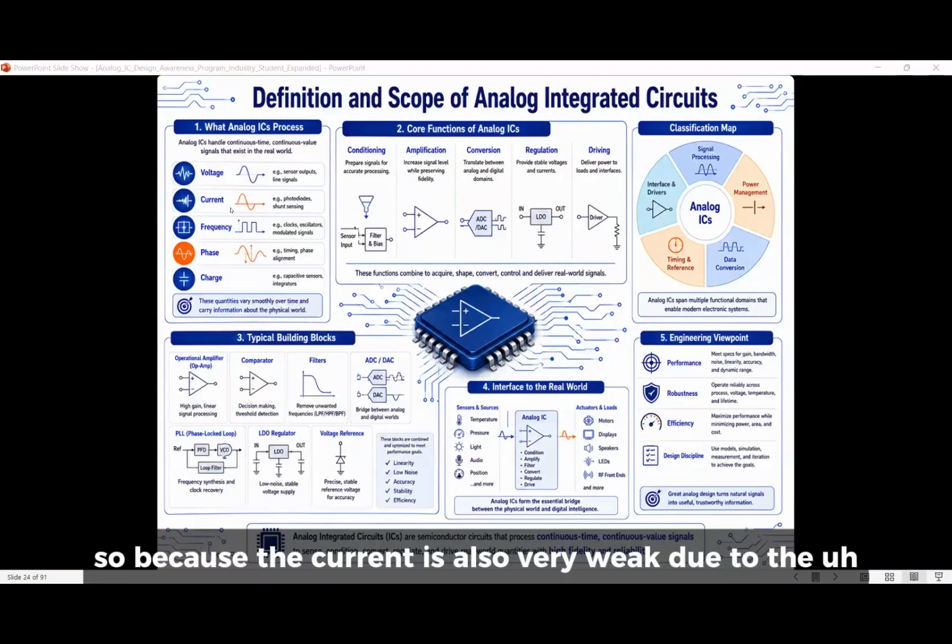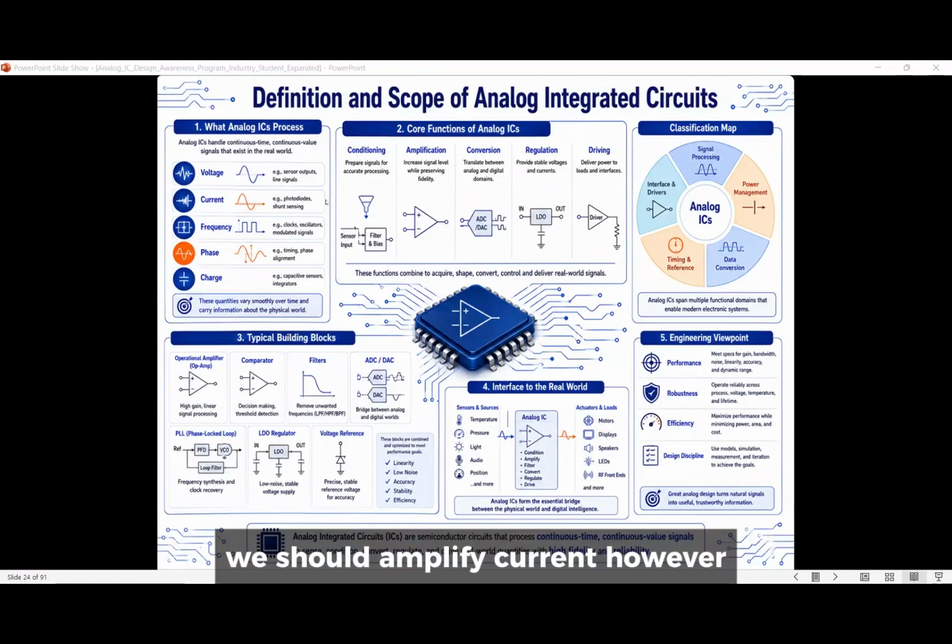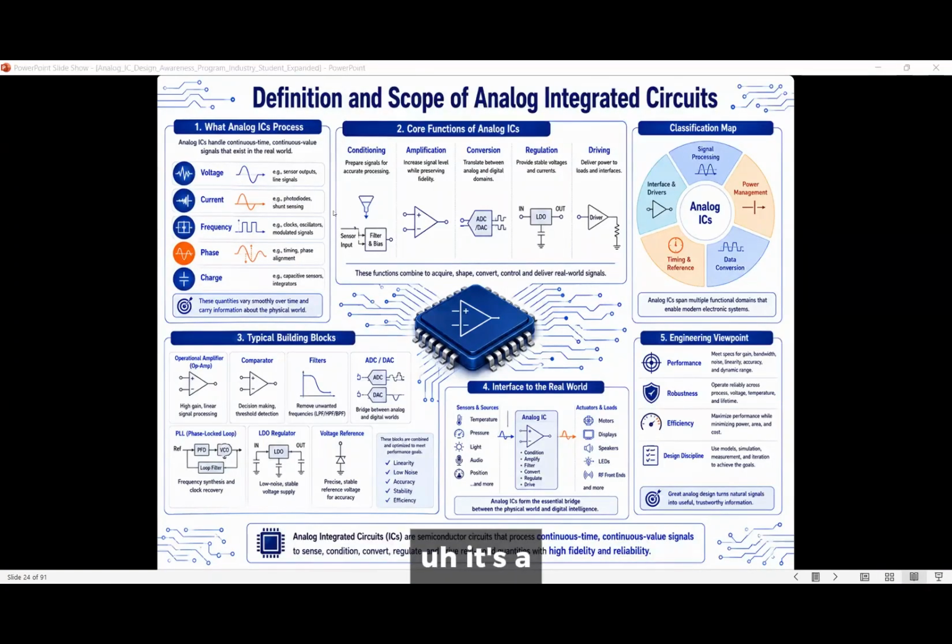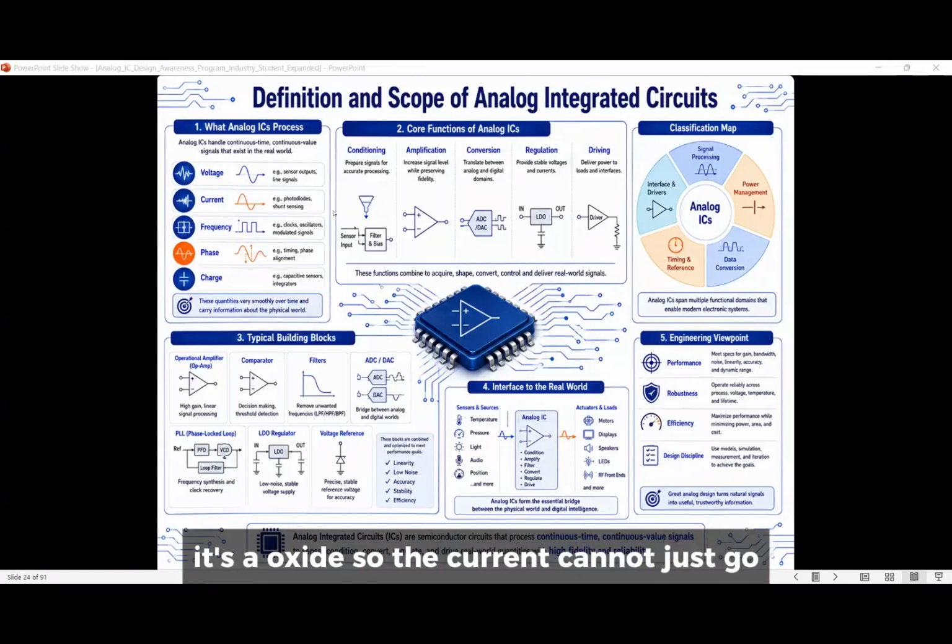Because the current is also very weak due to the loss of this sensor, we have to amplify something. Here we should amplify current. However, because the input of most devices is normally a gate, right? It's an oxide, so the current cannot just go through the oxide.